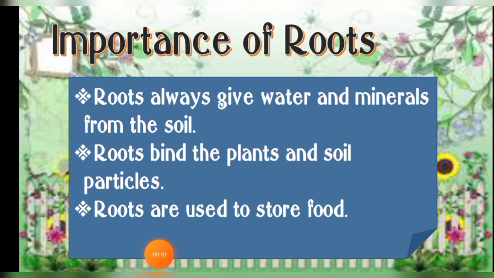We had discussed the importance of roots. Roots give us water and minerals as they absorb them from the soil. They bind the plants and soil particles. Also, they are used to store food.